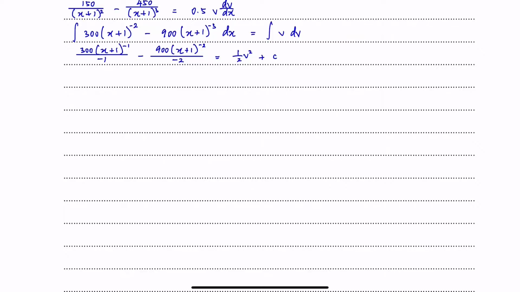So the left side would be 450 over (x plus 1) squared minus 300 divided by (x plus 1) equals to half v squared plus c.